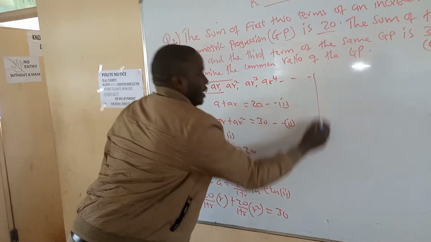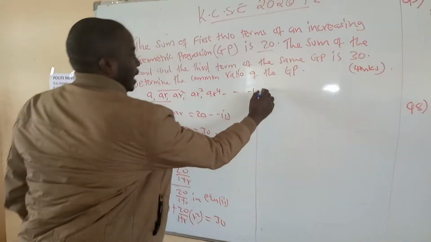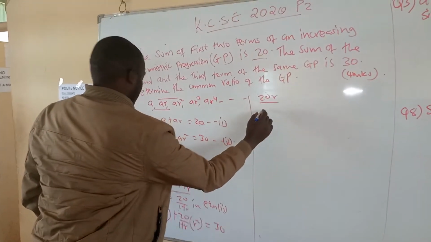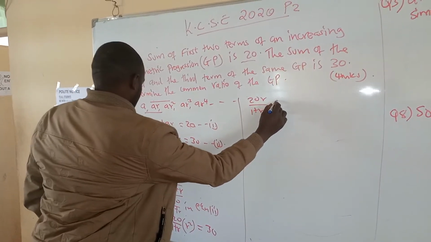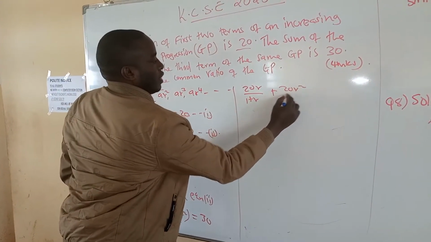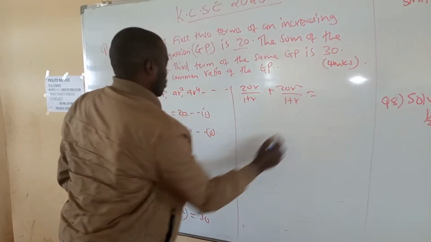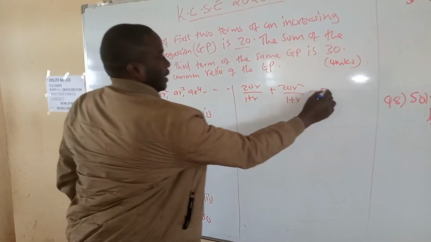If you open the brackets, it will be 20R all over 1 plus R plus 20R squared all over 1 plus R, equal to 30.